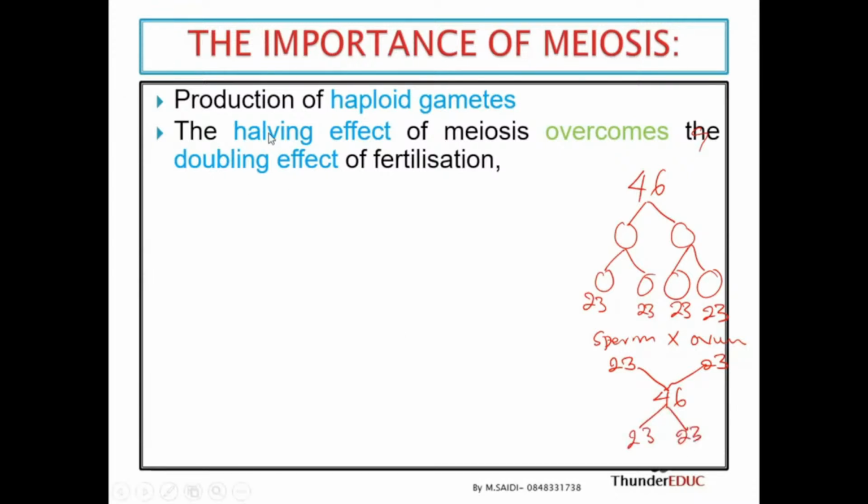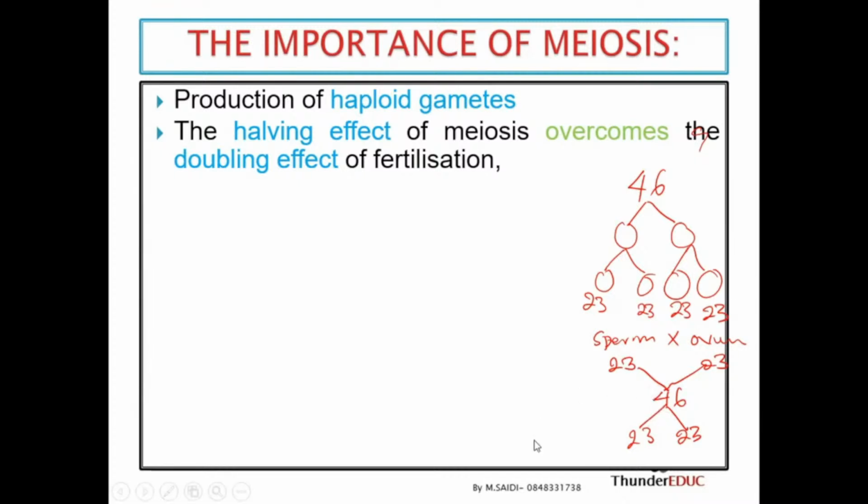That's why they are saying that this halving effect overcomes the doubling effect of fertilization. So this is fertilization, while this is meiosis. This helps us to keep the number of chromosomes constant from one generation to the next. If this halving effect was not there, and fertilization occurs, it would be 46, and then you form another one which is 92, then 92 again, and you form a big number.